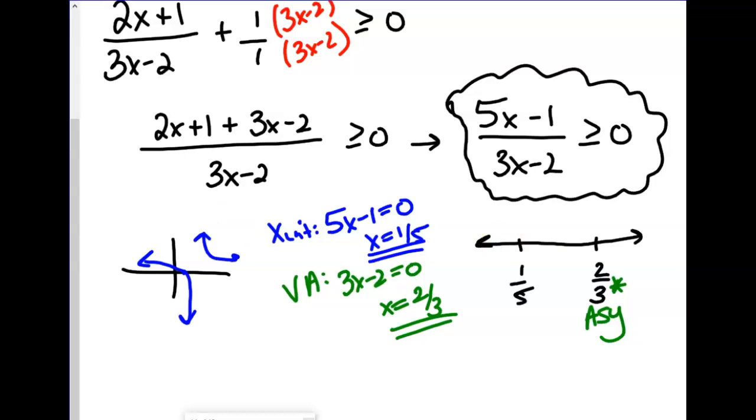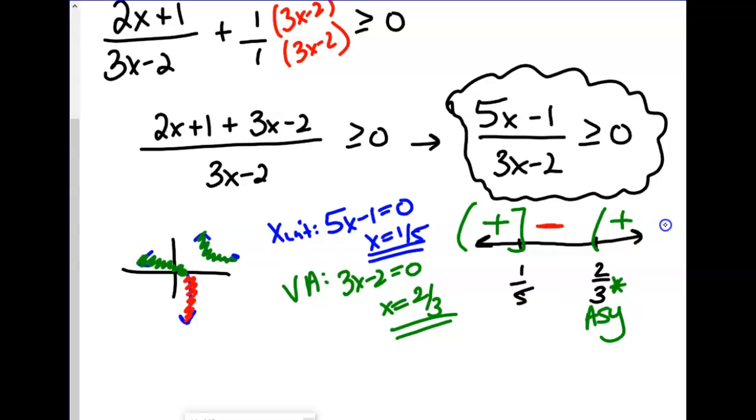All right, so we've got positive outputs until it hits the intercept, and then negative outputs after the intercept until it hits the vertical asymptote, where it switches back to positive outputs after it. So according to my inequality, I'm looking for places where this function is greater than or equal to 0. So, boom, and then I'm going to use a bracket on the 1/5.